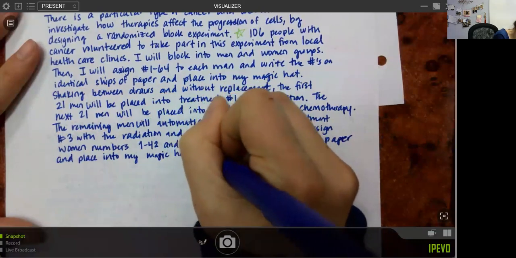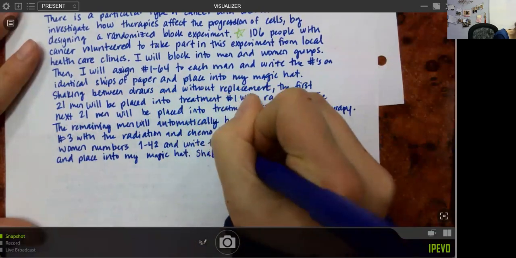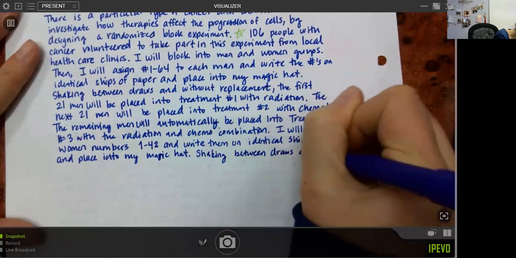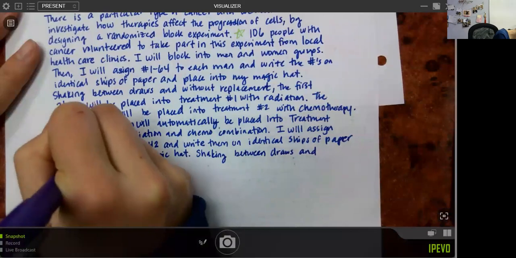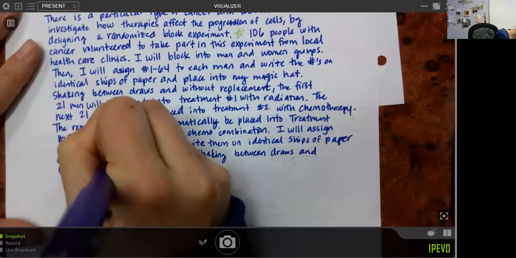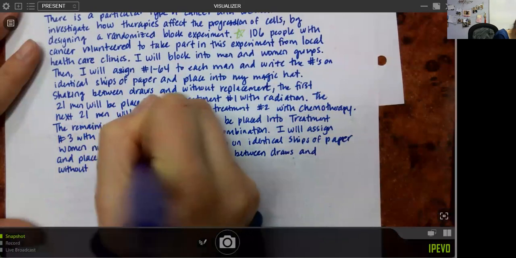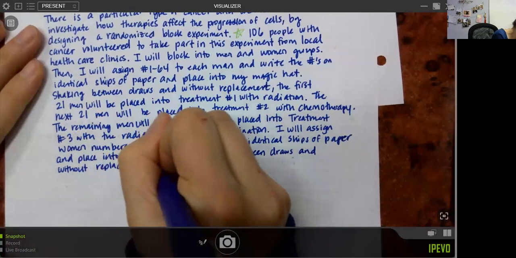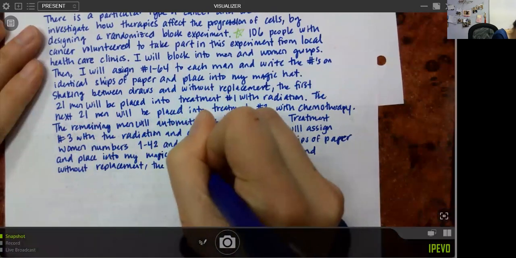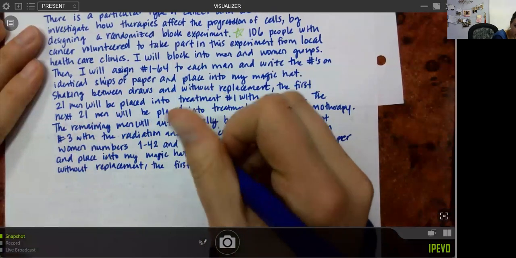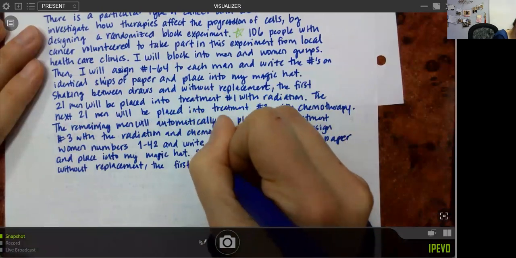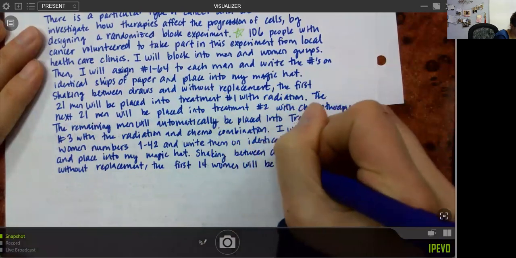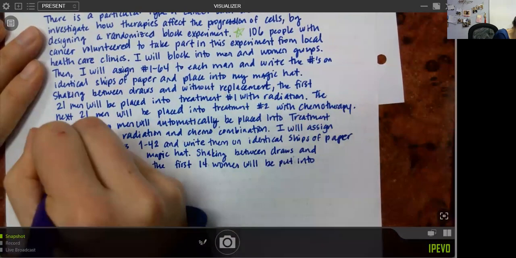Shaking between draws, so that's that same sentence. And without replacement. The first 14 numbers drawn, or the first 14 women, will be put into treatment number 1 with radiation.